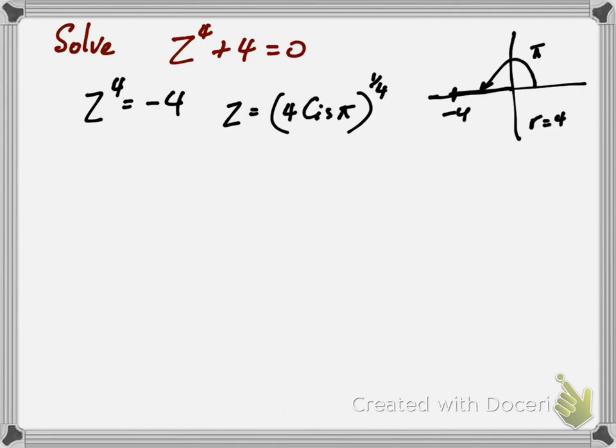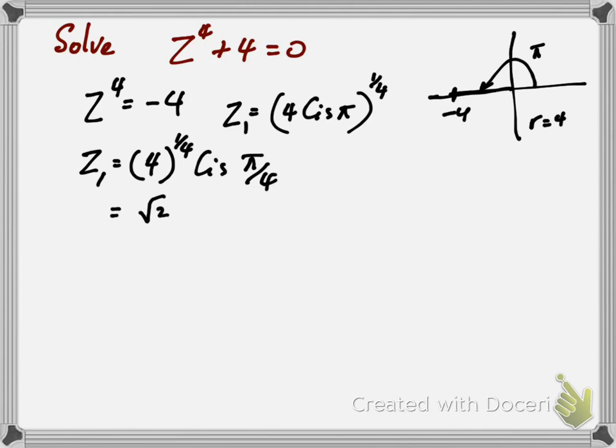Right, so z1 equals 4 to the power quarter, the fourth root, cis pi over 4, because it's a quarter times pi, and therefore you end up with the square root of 2 cis pi over 4.